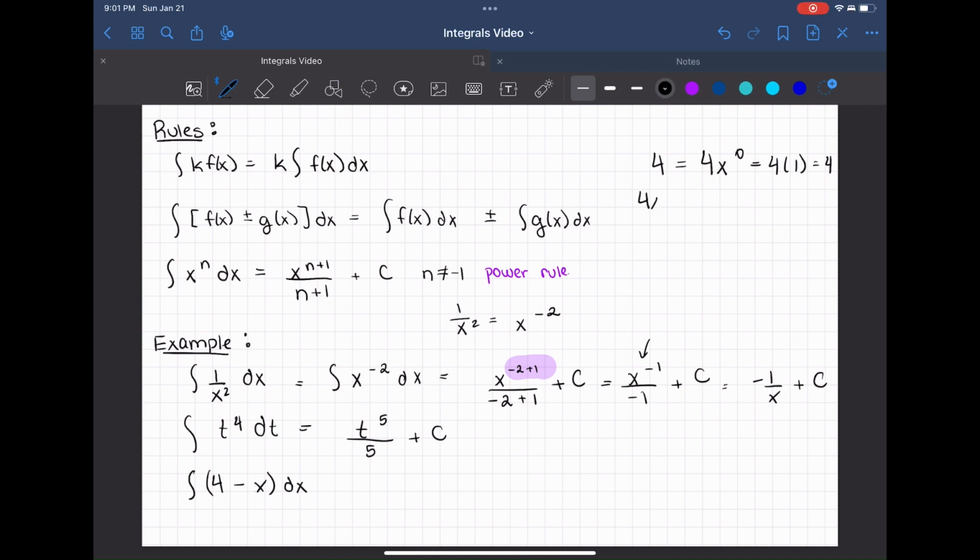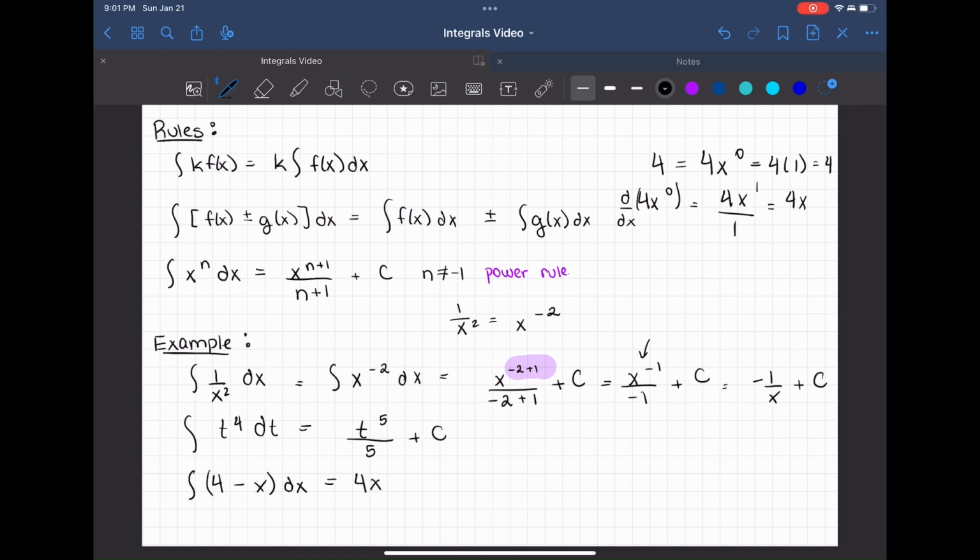So 4x to the 0, the integral of that is going to be add 1 to the exponent, divide by the new exponent. So 4x, 0 plus 1 is 1. Divide by the new exponent, another 1. It's just 4x. That was the really fancy way of doing it.